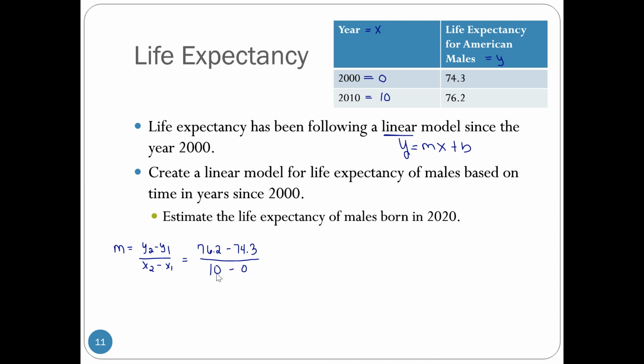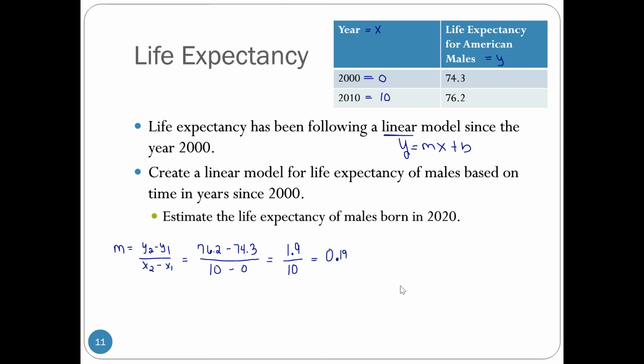If I use 2010 and 2000, I would get the exact same answer. So over this 10-year period of time, I do the subtraction, and I see that life expectancy increased by 1.9 years. Dividing that out, I get my actual answer of 0.19. So we're expected to live, males are, 0.19 years longer every year. That's a lot of years in there.